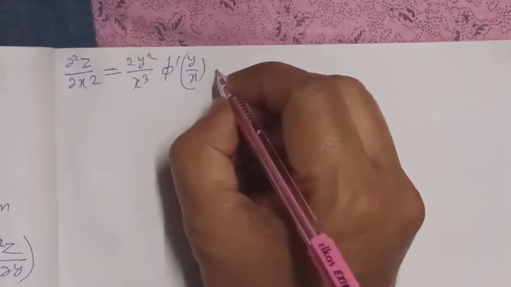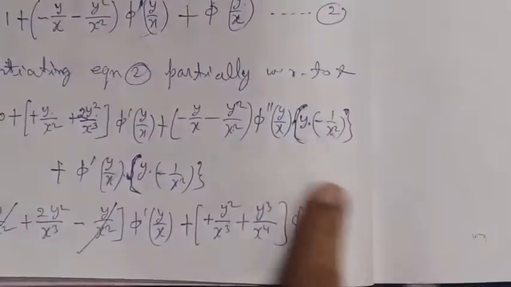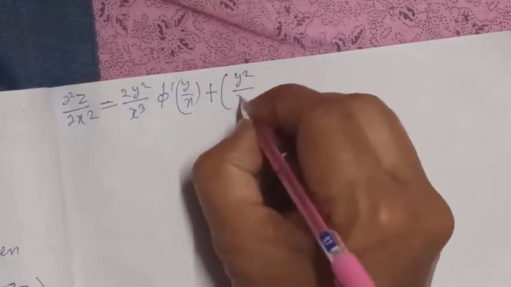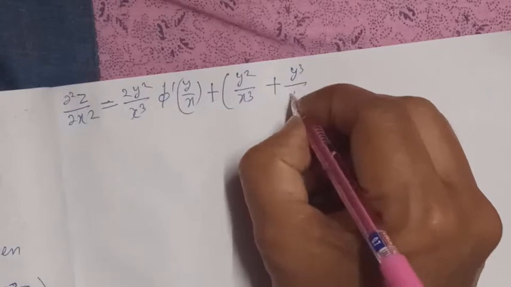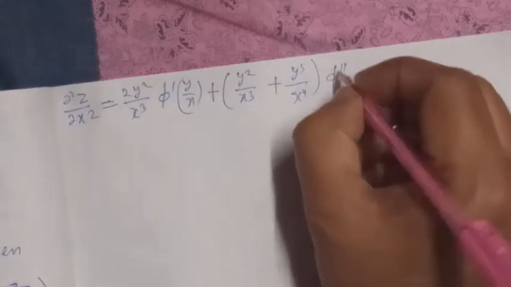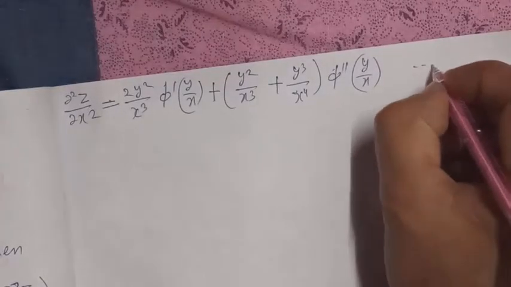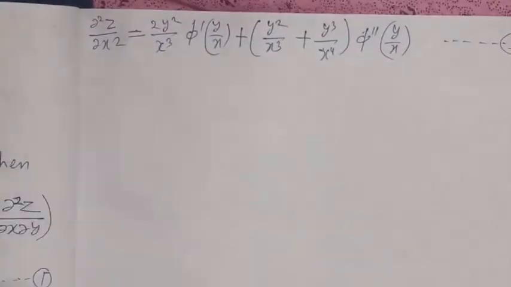And now I will write the next term as it is without any change. I will use this value in upcoming steps. I write this as equation 3, because we have two equations other than this.